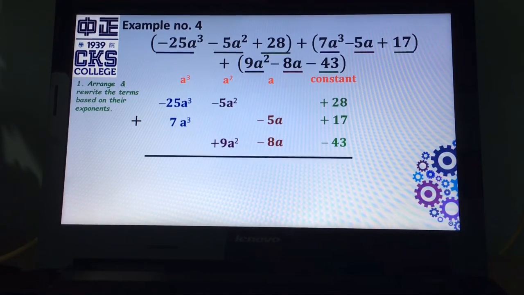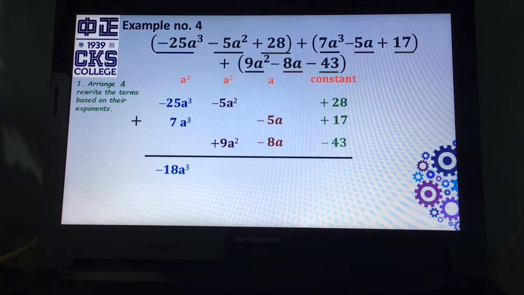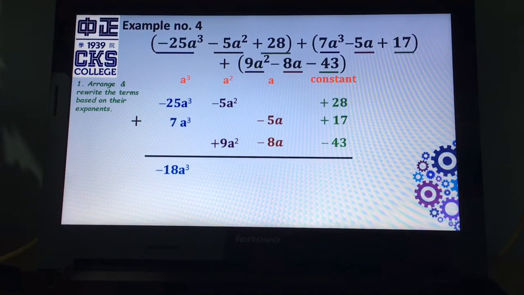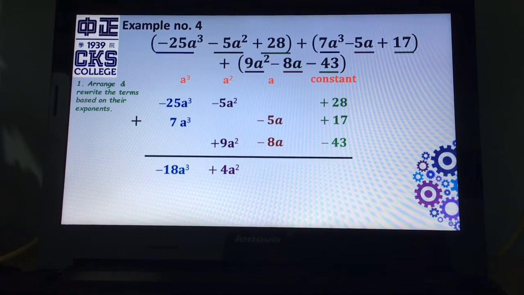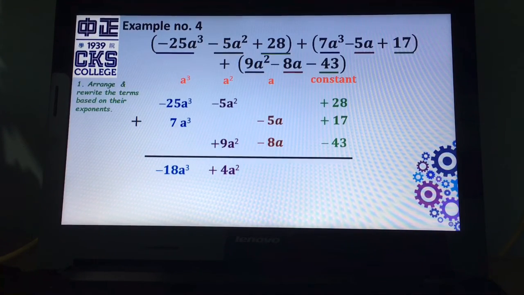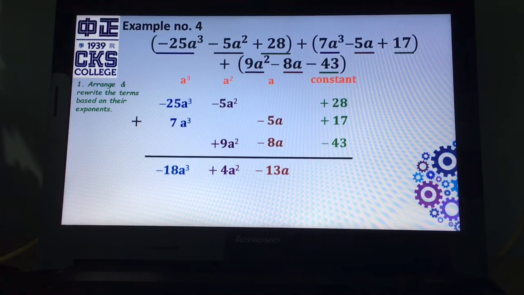Negative 25 plus 7 will give you negative 18. Then you just copy a cubed. Negative 5 plus 9 is positive 4. Copy a squared. Negative 5 plus negative 8 is negative 13. Copy a.